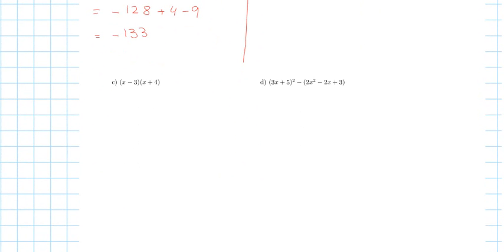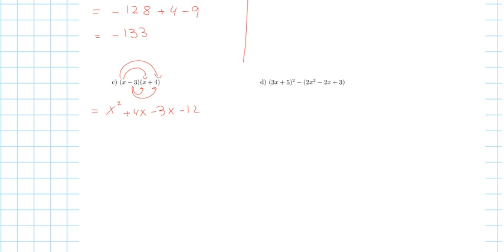So F stands for first, so I'm multiplying my first terms, x squared. So that's going to be x squared. I'm going to have to multiply my outer terms, plus 4x. Inner term, negative 3x. And last term, negative 2. Okay? So each term in the first bracket is going to be multiplied by the terms in the second bracket.